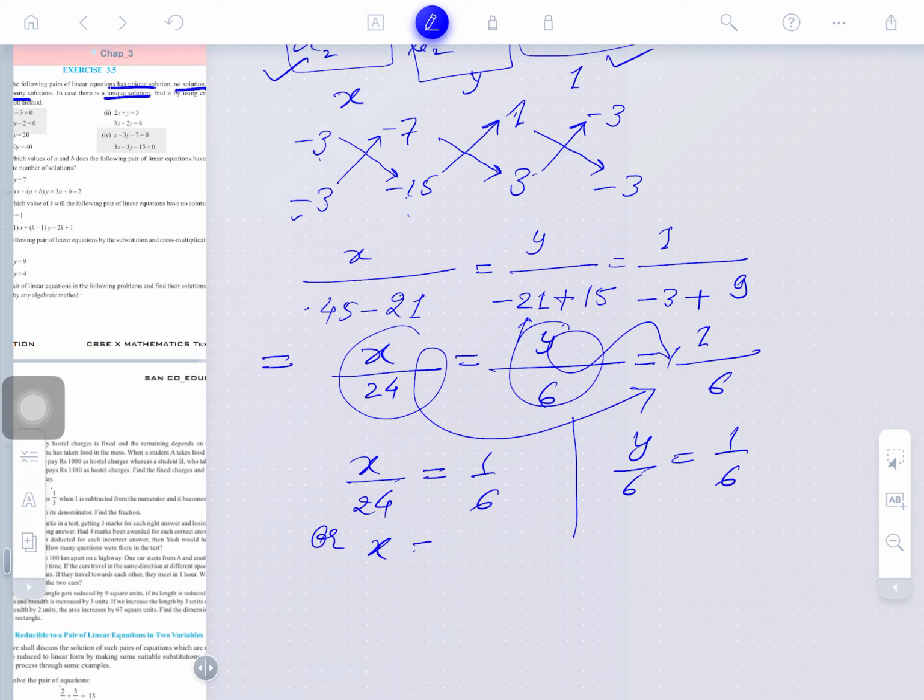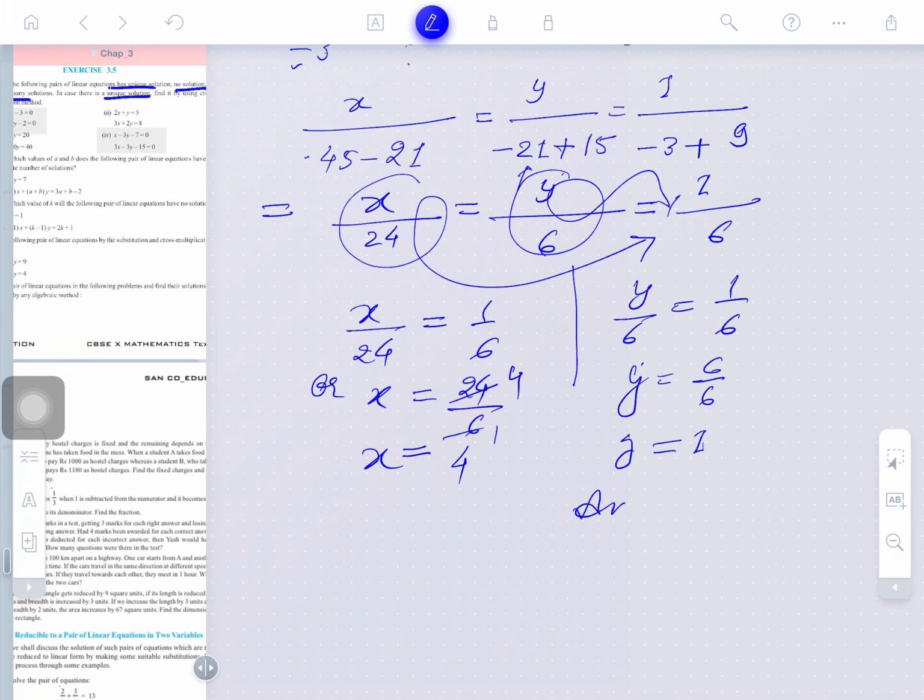So x is equal to 24 divided by 6, which is 4, and y is equal to 6 divided by 6, so it is 1. So the value of x is 4 and the value of y is 1. Your answer is 4 and 1, clear guys.